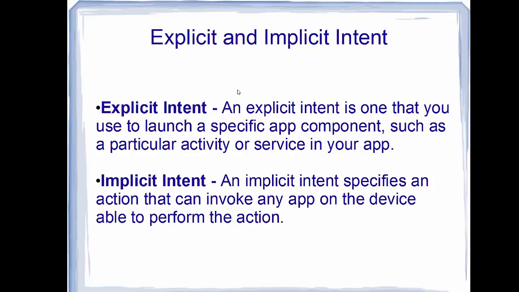So with explicit, you are able to invoke an activity within your app. And with implicit intent, you can invoke an activity or some component from another app which is present in your device. So let's get started and see how we can use implicit and explicit intent in Android.